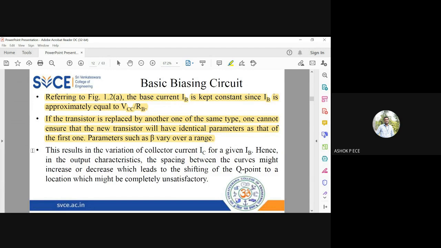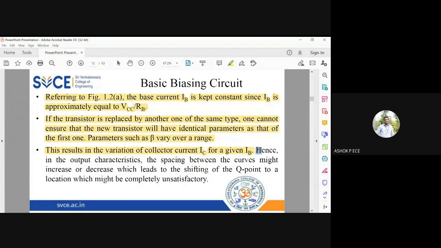Because of that, beta is also going to change. So if I use a Q point exactly in the middle of my DC load line and I change the transistor, the Q point might shift upwards or downwards. That's why for every transistor you use in your circuit, you have to completely redo the design. You cannot use the same design values.